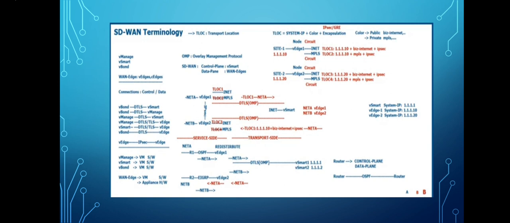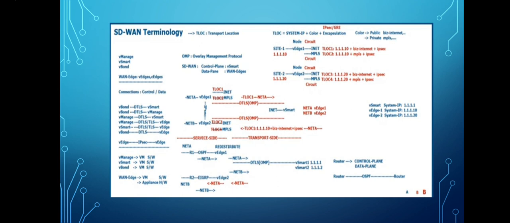Supposedly we've got a vSmart and two vEdges. The system ID is going to be 1.1.1.1, as I have already mentioned in this slide, and for vEdge 1 and vEdge 2, the INET and MPLS ID is going to be the TLOC.